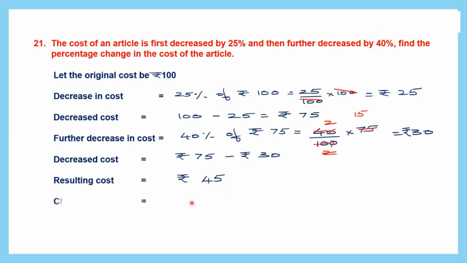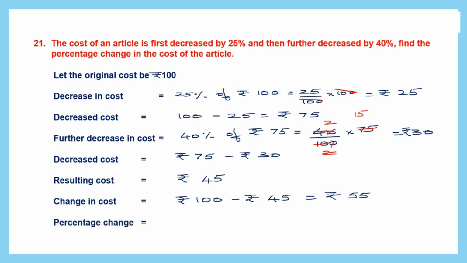So now what is the change in cost? The change in cost is original minus resulting. So original is 100 minus resulting is 45. 100 minus 45 is 55. So the change in cost is now 55 rupees. Now we have to find the percentage change.